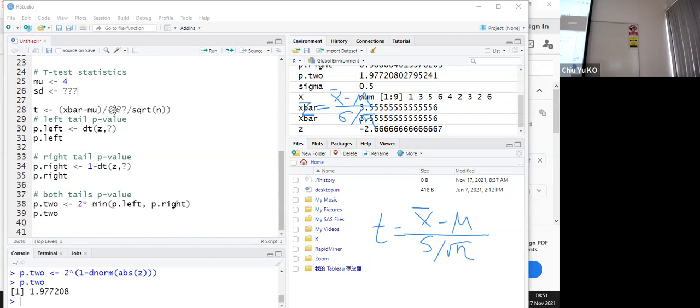Yeah, this is a t-test. Of course, it has to be t, because this is t. It has to be t here.